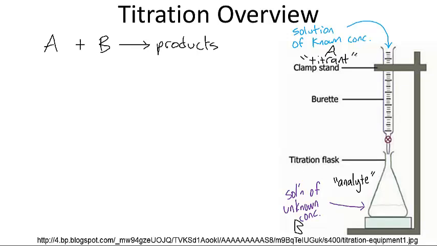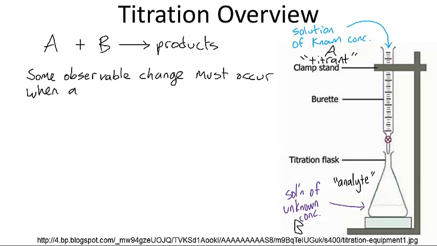So the key to a titration is some observable change must occur when all of B, the analyte, gets used up.